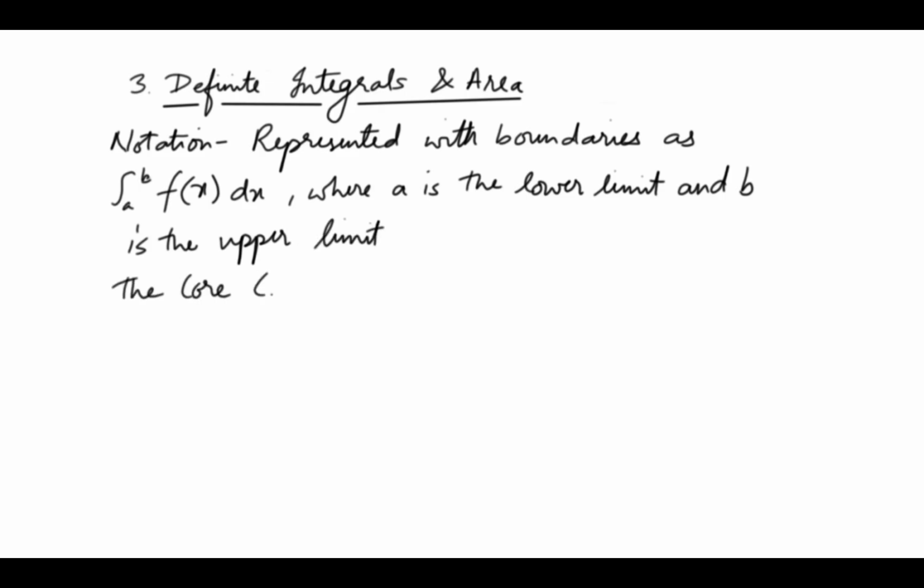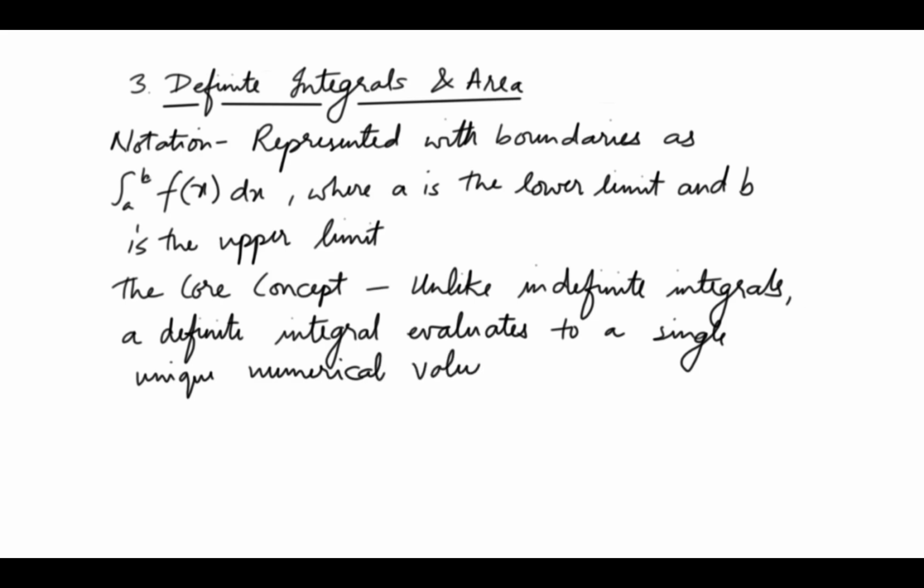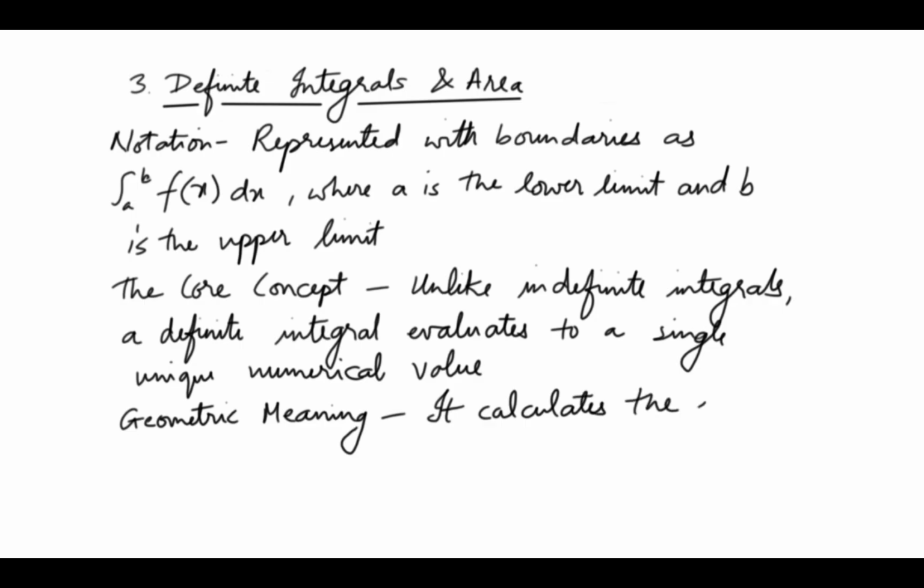So that is the notation: integral f of x dx from a to b. a is the lower limit and b is the upper limit. So it will evaluate to a unique numerical value. So this is just the basic explanation.